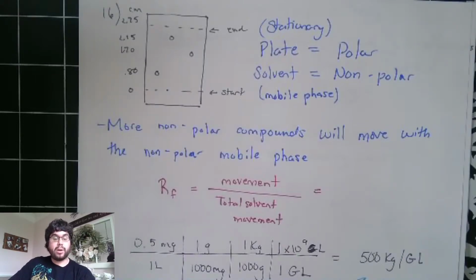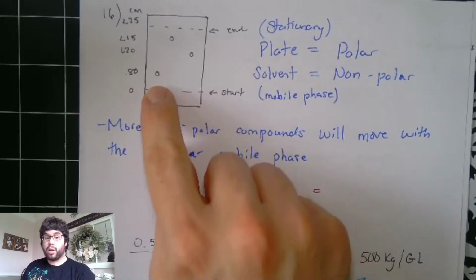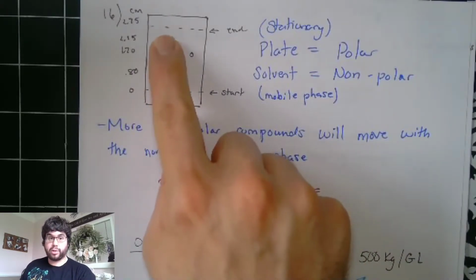And the question is, what is it again? The RF value of the most polar component in this TLC separation is, okay? So the most polar component of X, Y, and Z, the most polar compound is going to adhere to the polar stationary phase the most. In other words, it's not going to move along with the solvent very much.